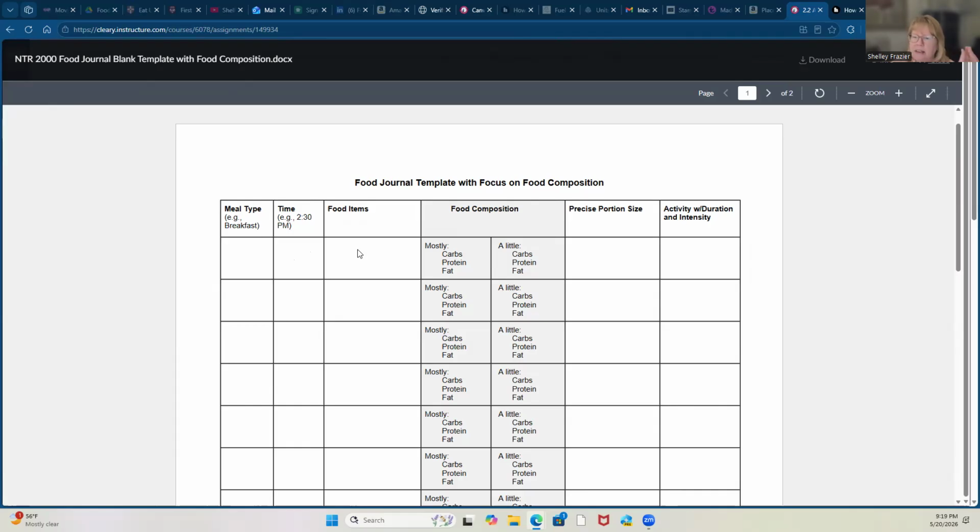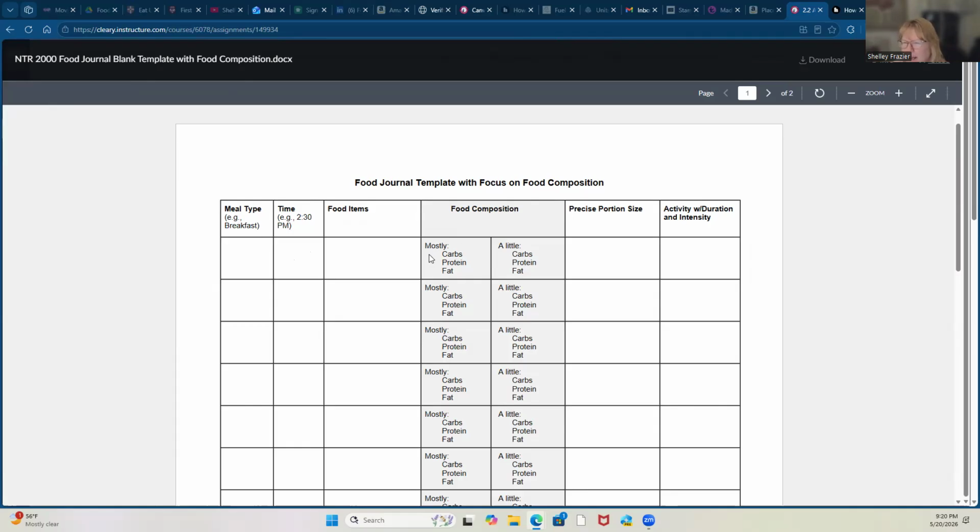I would say one food per row. So let's say eggs. What are eggs? You can go and look and see, or use AI or whatever tool you want to figure out what it is. Some of these could be mostly carbs.